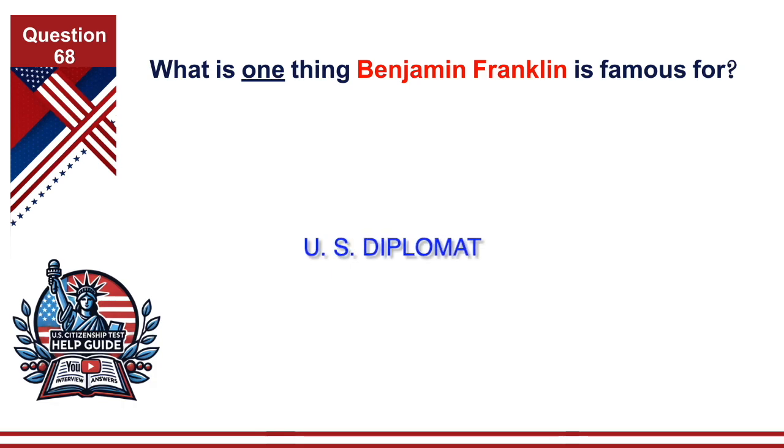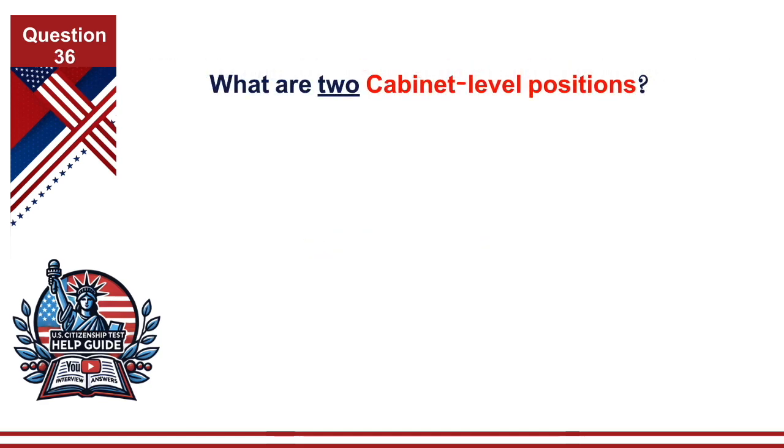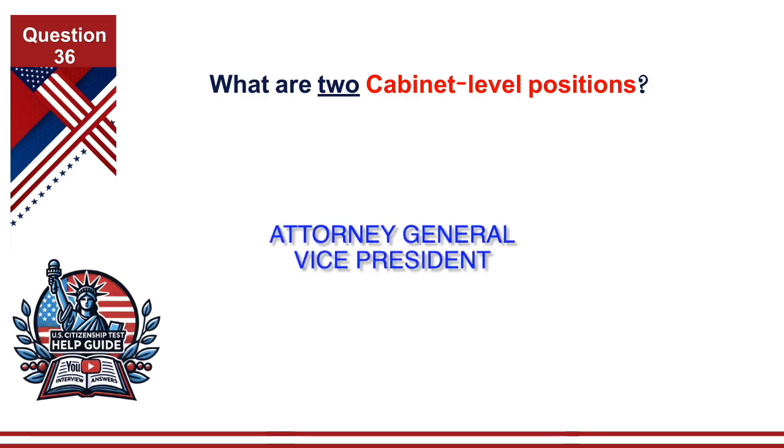U.S. diplomat. What are two cabinet-level positions? Attorney General, Vice President.